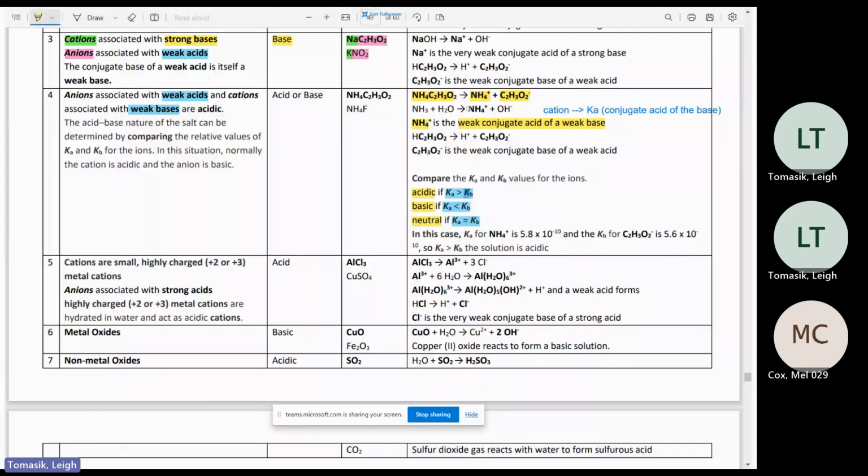So here you can see NH4 is the conjugate acid of NH3. NH3 is a base. NH4 is its weak acid conjugate. So the NH4 came from NH3, but it's the conjugate acid of NH3.